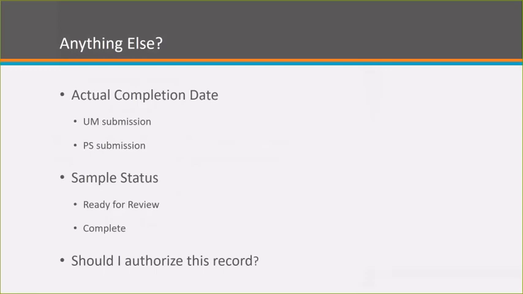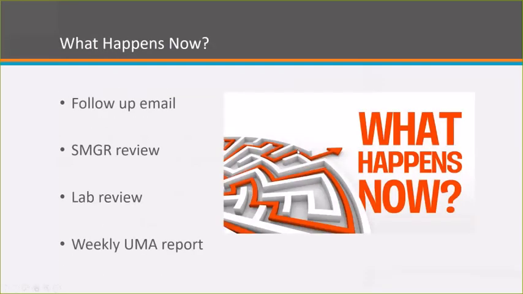So what happens next? After you've submitted your sample, after you've completed your Universal Materials Submission record, your sample record, what happens next? Generally, you'll get an email the very next day. It's an email that's automated by our system, and it's going to give you information about the condition of that sample record.